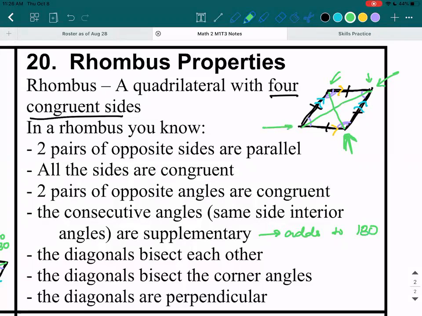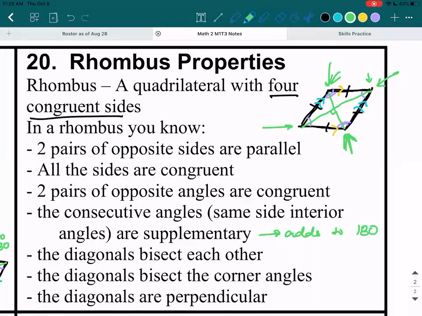This one got cut in half, and that one got cut in half. Last but not least, the diagonals are perpendicular, so there you go. I just put a right angle there. So the rhombus properties have everything that a parallelogram has, but a little bit more because all four sides are equal, so a little bit more special.